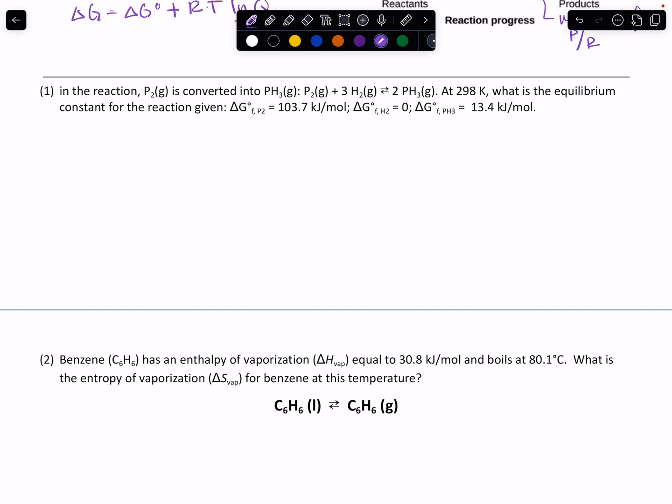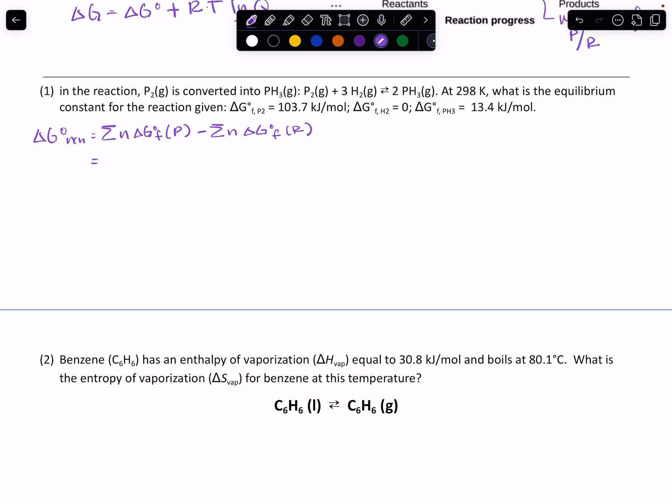So I know that I need to find delta G for the reaction. So I've been given delta G values for everything. So I'm going to use delta G for the reaction equals the sum of the delta G values of formation for my products minus the sum of the delta G values of formation for my reactants.